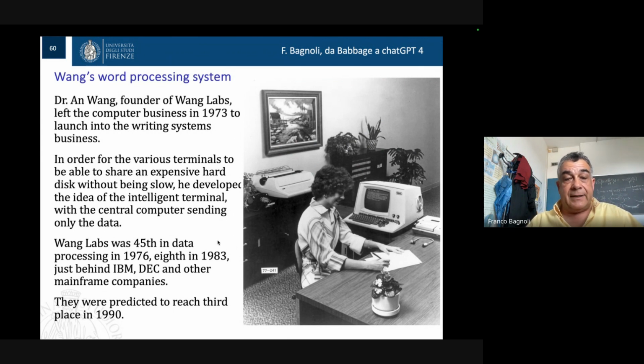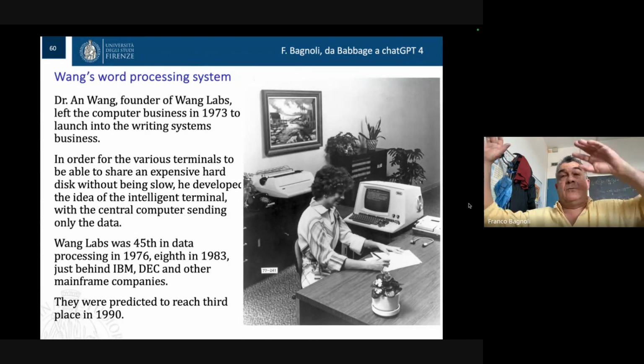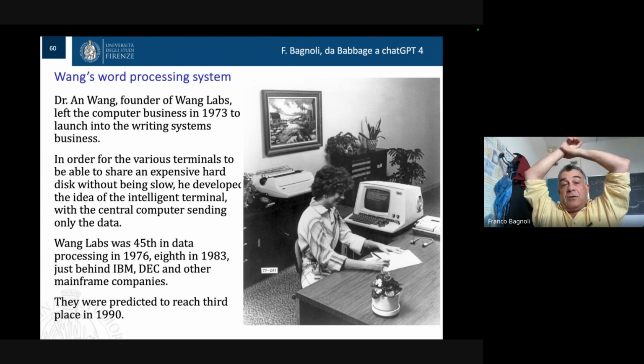So he developed the idea of an intelligent terminal, essentially a small computer with another one who took care of the storage of text.